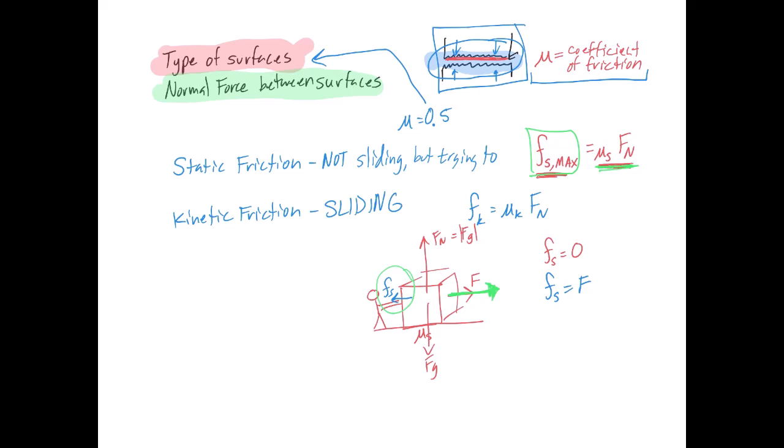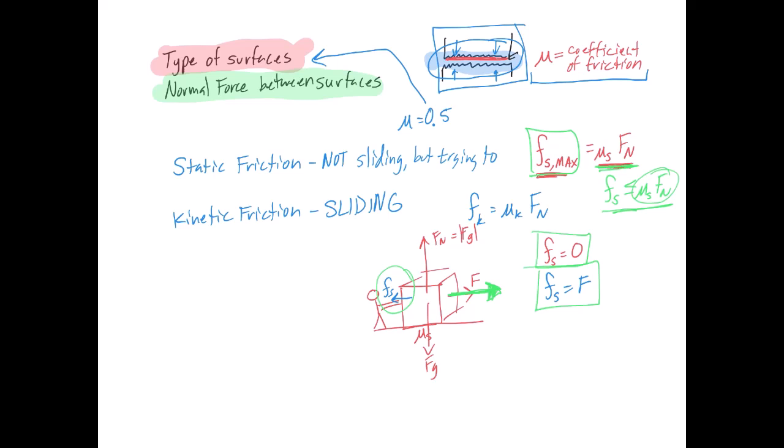It's going to accelerate forward. Okay? And so that's why we usually say that the static force of friction is less than or equal to the static coefficient times the normal force. Because it can be 0, and it can be any other value based off of how much force is being applied to it. The only difference is that at some point, if I apply too much force, then I'm over the amount of static friction that is available, and therefore it starts sliding.